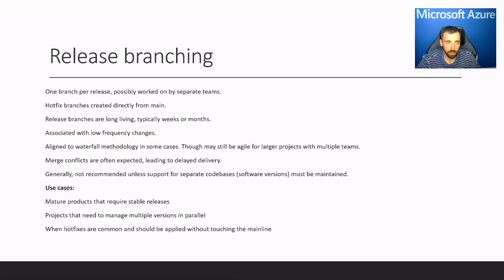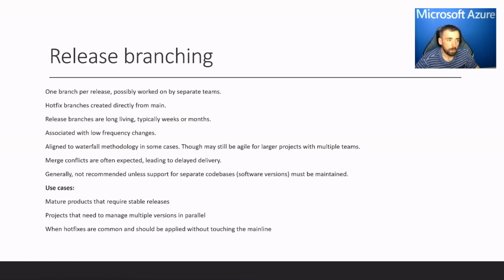With release branching, if we've got an application that we provide to customers and the specific versions, some customers may still be on one of those older versions and we need to apply hotfixes or updates to one of those older versions. This is a good use case for release branching.